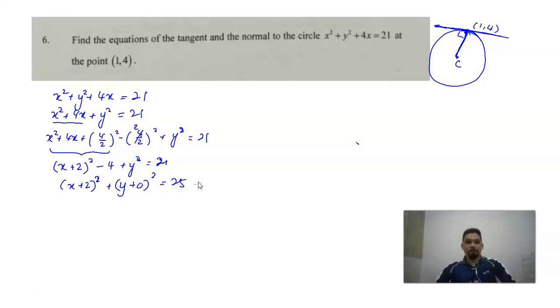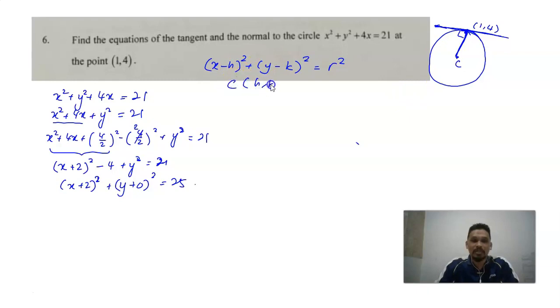equal to 25. Okay, so class, the standard equation of a circle is x minus h squared plus y minus k squared equal to r squared. So from here, the center, which is h and k, according to this, it is x minus negative 2 squared plus y minus 0 squared equal to 25.